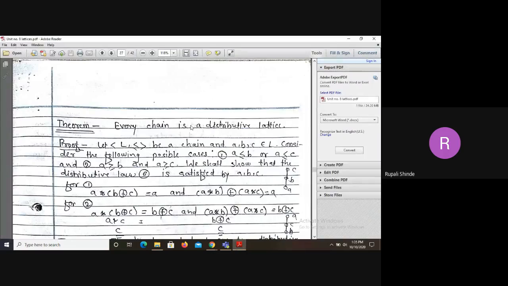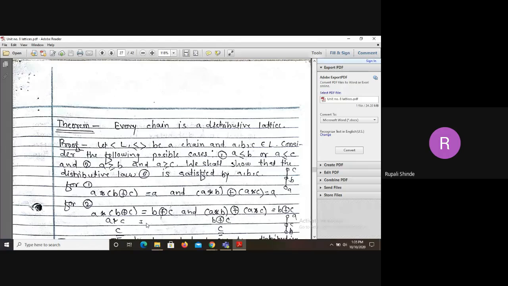So here the theorem is given as every chain is a distributive lattice. Okay. So now we have to prove it. Let L, a partially ordered relation, be a chain and A, B, C, these three elements belong to L. In short, these three elements are part of the lattice. Now consider the following possible cases.